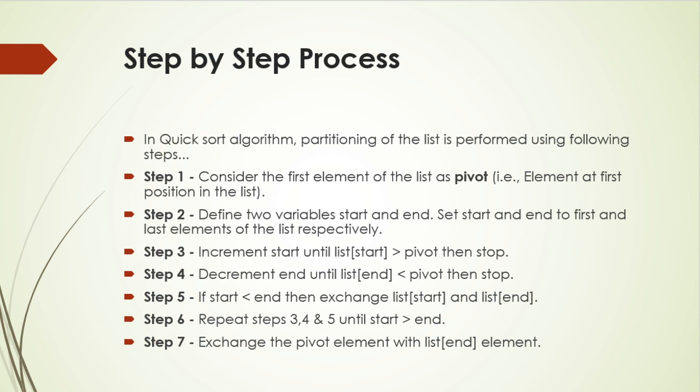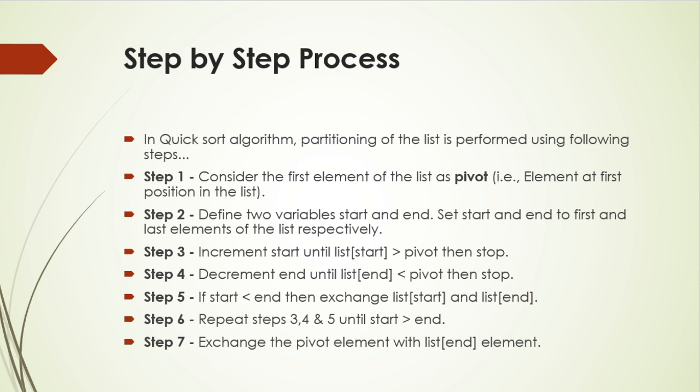The next step is to increment the start variable until the list value at start is greater than the pivot value. Then the next step is to decrement the end variable until the list value at end is less than the pivot. Then stop.